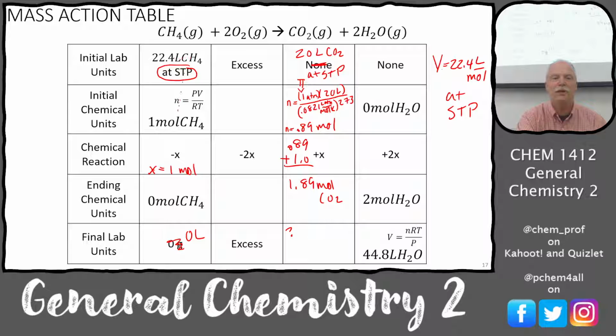We had 22.4 liters is 1 mole. And so I could say 1.89 moles CO2 times 22.4 liters per mole. Totally legit, because that already contains the 0.0821 and the 273 and the 1 atmosphere.